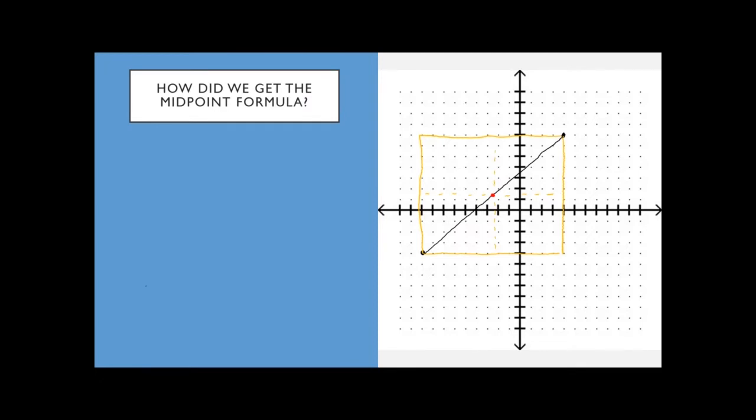So the midpoint is basically the halfway point between the x values and the halfway point between the y values, if you're looking at this geometrically, in terms of a rectangle.